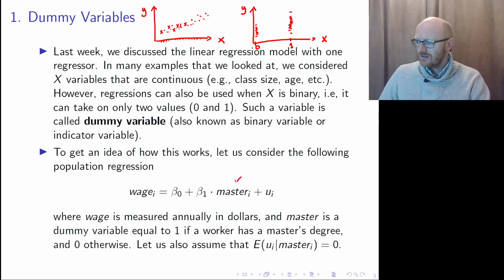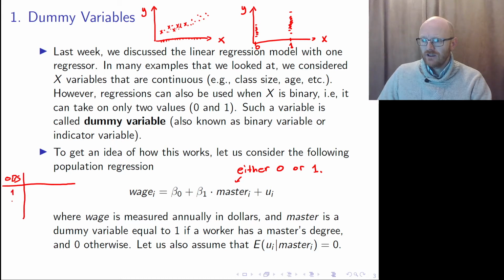So this master variable is either 0 or 1. That means that we have a data frame which is kind of like this, where you have wage and you have the master.